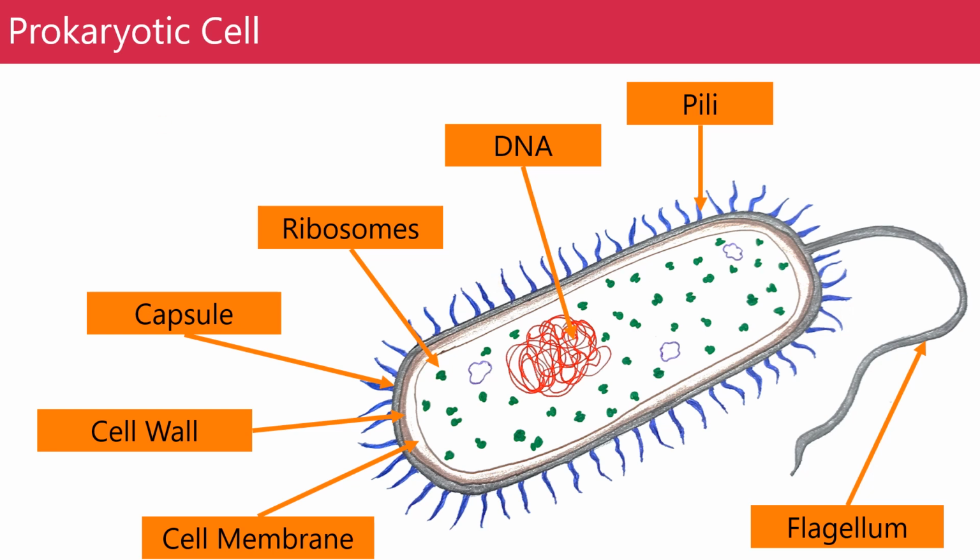The cell size. Cell size of a prokaryotic cell. The diameter of a prokaryotic cell ranges from 0.1 to 5 micrometers, which is significantly smaller than eukaryotic cells, which have diameters ranging from 10 to 100 micrometers.